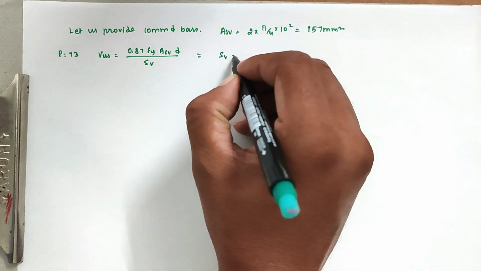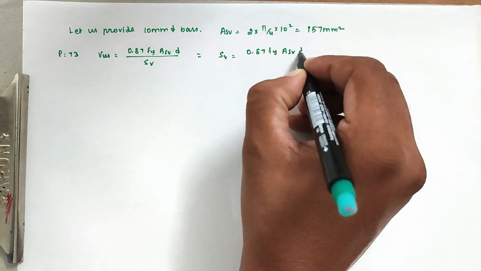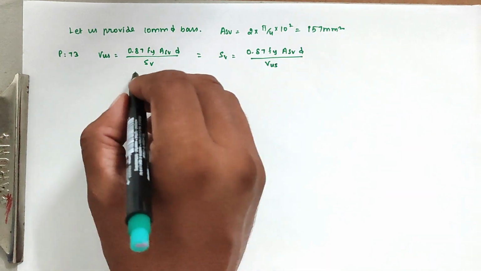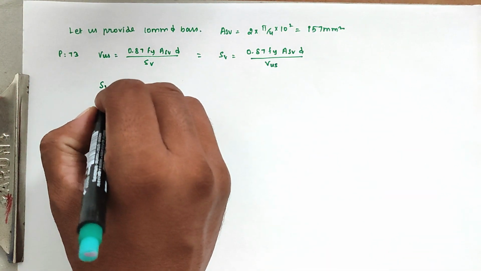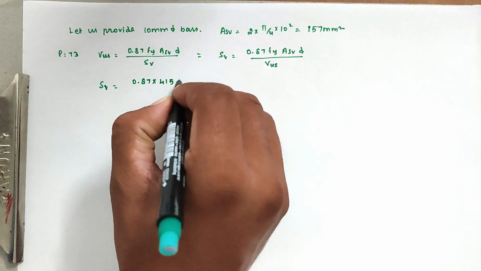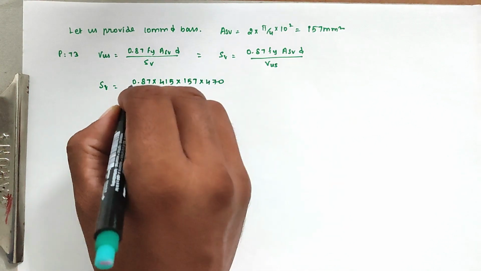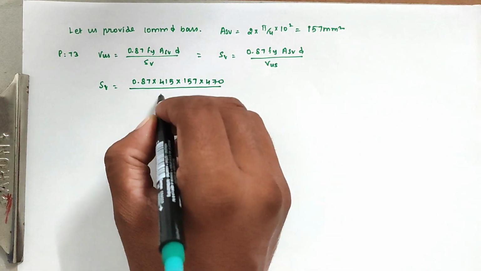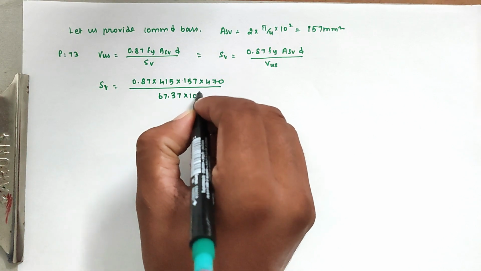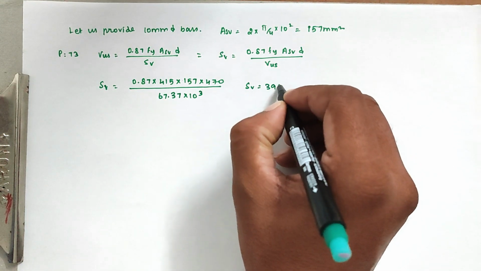So now SV equal to 0.87 Fy ASV into D divided by VUS. Okay, so now we can substitute all the values over here. So SV equal to 0.87 into Fy value is 415 into 157 into 470, where D value is 470, divided by VUS equal to 67.37 into 10 power 3. Okay, so now SV value is 395 mm.